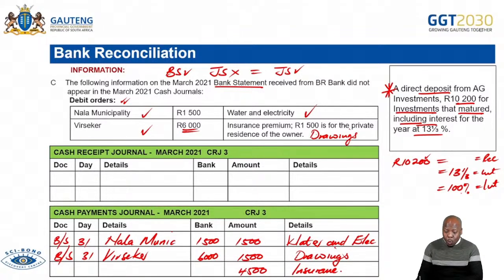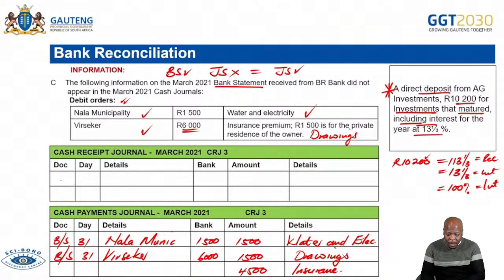No. It's 100% of the investment plus the 13.33% per annum of interest. That means what we've received is 113.33%. So the 10,200 is 113.33%.